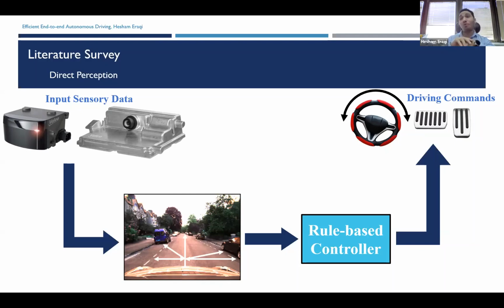The direct perception approach tries to cope with this by learning to predict, end-to-end, some key affordance indicators, like the distance from my car to the car in front, the distance to the left lane, and the distance to the right lane.